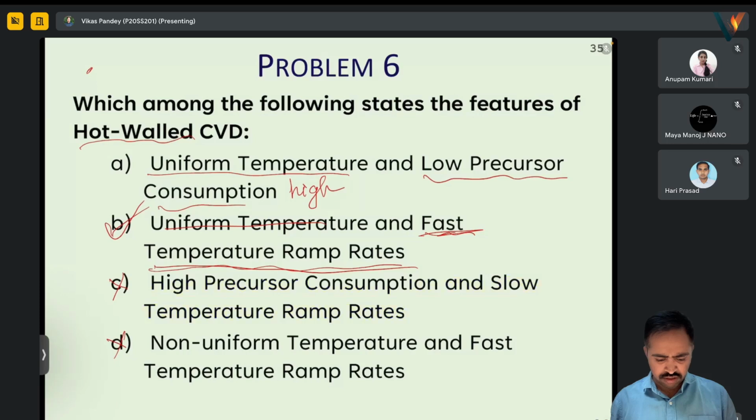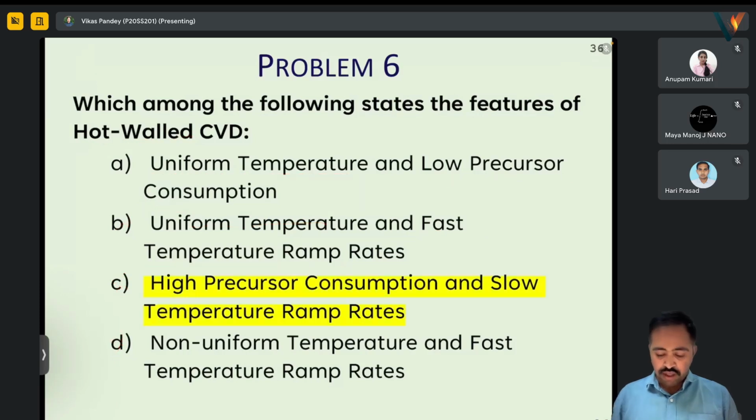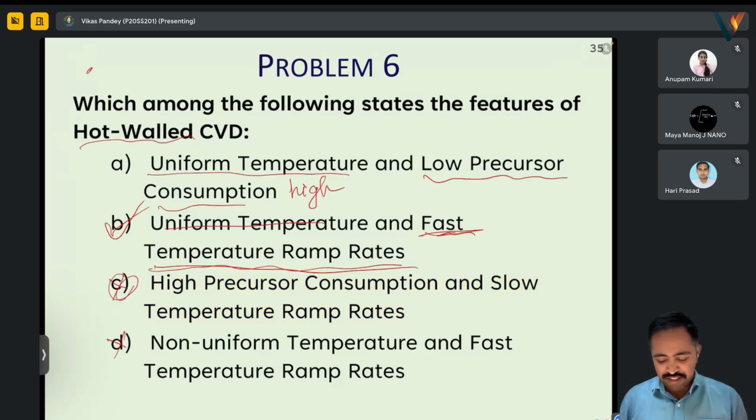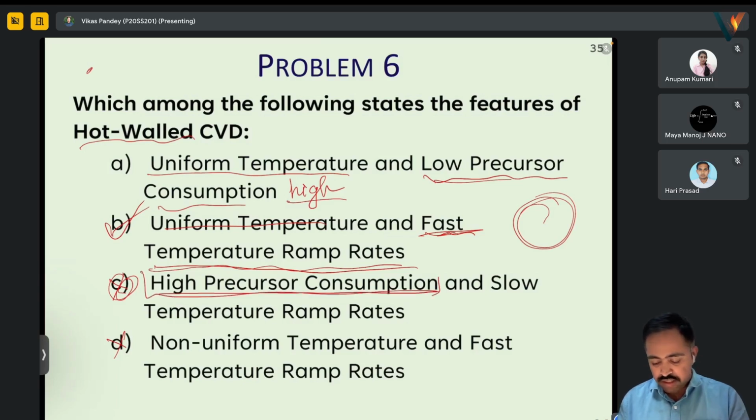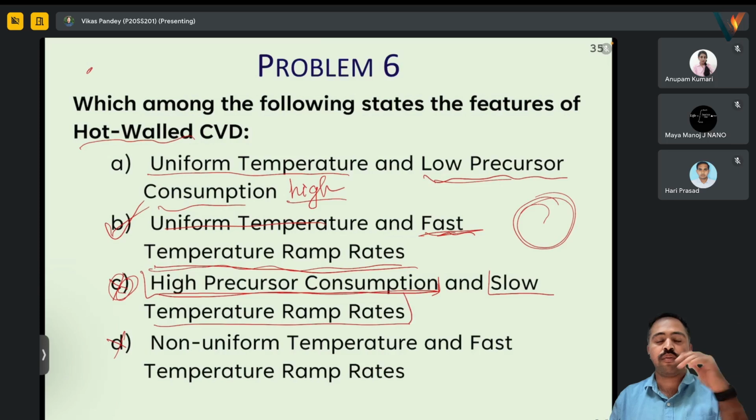No? Okay, yes, yes. This one has not given the temperature. Fast ramp rate is for these wafers. So in the C option, there is no talk of the temperature itself. We have seen that it should be high precursor consumption. So high precursor consumption is C, and the temperature ramp rate is slow, like going up and down.